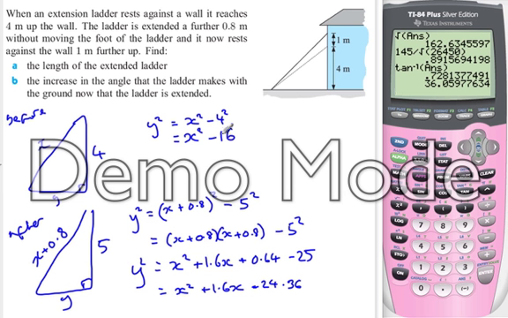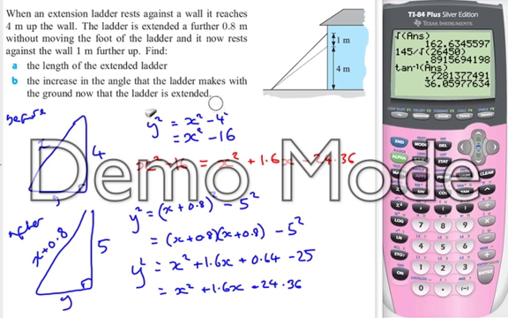Right, now if I put these two expressions together, they both equal the same y squared. So that means x squared minus 16 is actually the same as x squared add 1.6x minus 24.36.